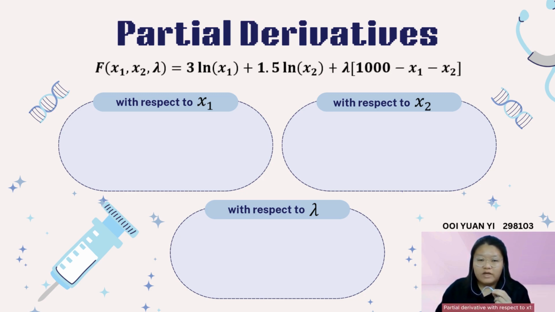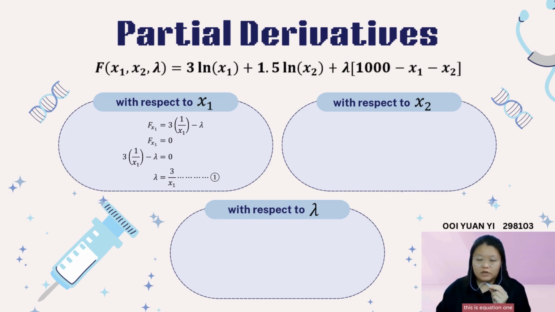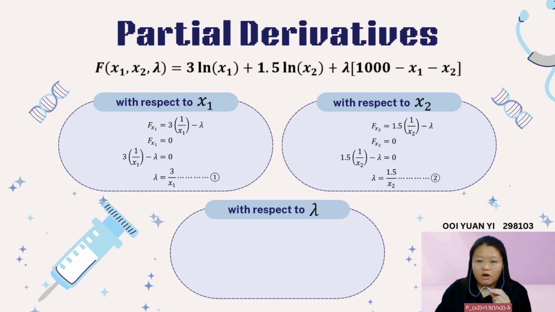Partial derivative with respect to x1, f_x1 equal to 3 over x1, minus lambda, then we set f_x1 equal to 0. So we will get lambda equal to 3 over x1. This is equation 1. Partial derivative with respect to x2, f_x2 equal to 1.5 over x2, minus lambda, and we set the partial derivative equal to 0, so our lambda will be 1.5 over x2.